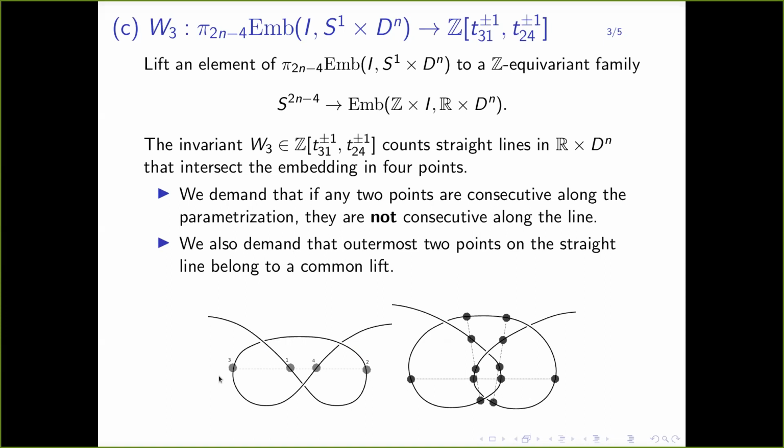For knots in R3, this is a description of the type 2 invariant. You could call them 3, 1, 4, 2 quadrisequence. That's the terminology I had when I was a grad student. So here's an embedding of an interval in R cross Dn, standard on this side, standard on that side. This is a type of straight line we're talking about. For the figure 8 knot, there's 3, and anyhow, that's the kind of thing I'm talking about.